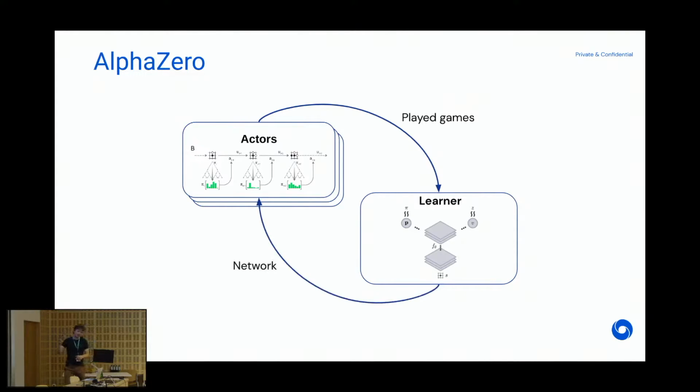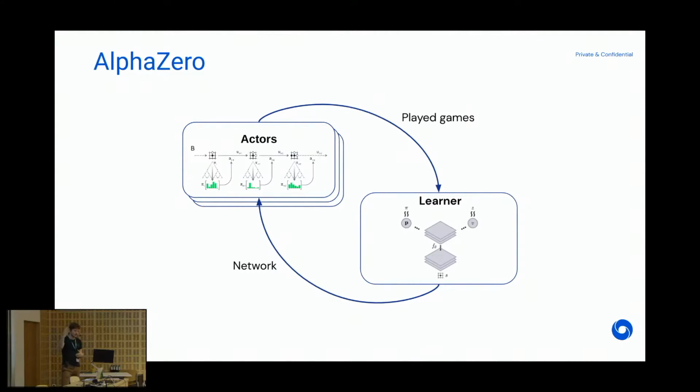Now, once the neural network is updated, it is sent back to the actors, as I mentioned previously, with the intention that this slightly better neural network will allow the actors to play slightly better games. As a result, the learner will receive better games than before, and the network will get even better.